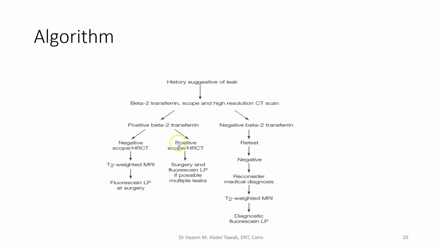The next step: if the beta-2 transferrin is negative, you are going to repeat it. If it is positive, for example here, the first test is positive, you have repeated it and found it positive again.